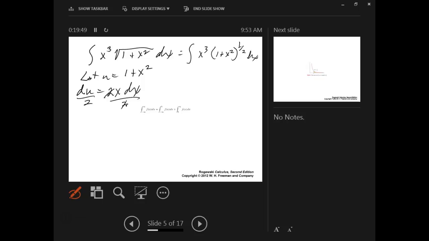Well, the x goes with dx, that leaves us a what? You take one of these x's and put it with the dx, so you can replace that with du over 2, right? What are you left with here? x squared. But here we have an expression in x squared.